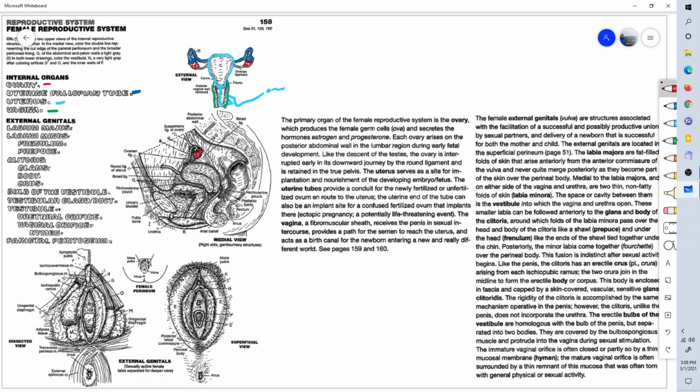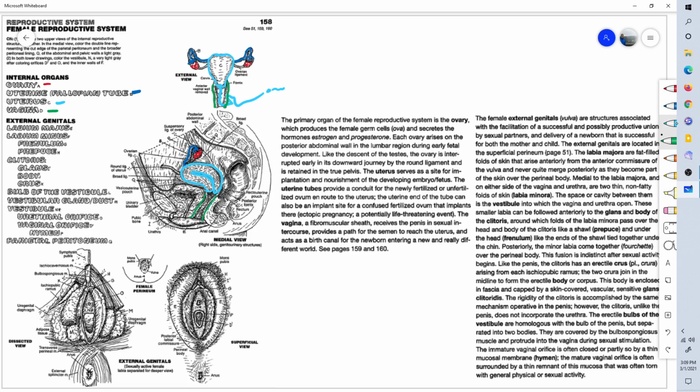Now, from the lateral view, here is your ovaries, here, your fallopian tubes, traveling to the uterus. Of course, the uterus here kind of folded forward here, and the interior walls of the uterus here, and the vagina here.